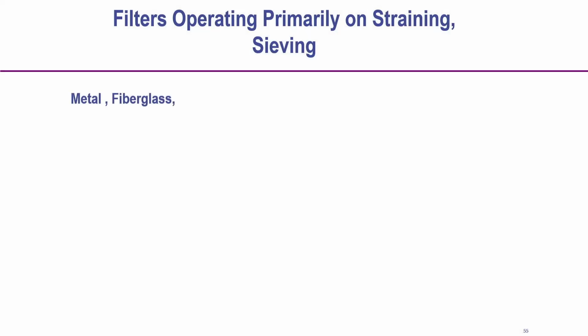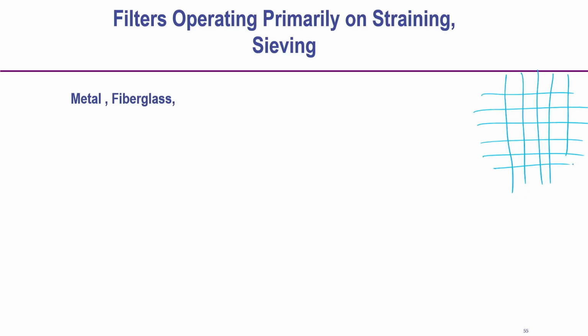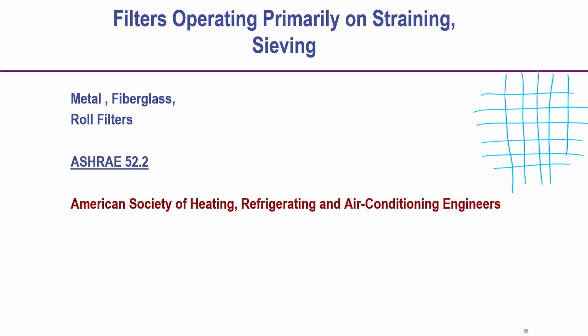A metal mesh or fiberglass is used. This is only stopping the fiber from moving out, that is a sieving process. It is different from actual filtration. So, here we get the MERV rating 4 to 6, it does not follow any filtration mechanism.